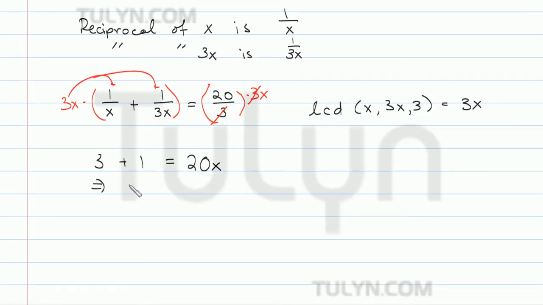So our equation looks like 4 is equal to 20x. So then what we want to do is divide both sides of the equation by 20 so that x is equal to 4 over 20, which reduces to 1/5.